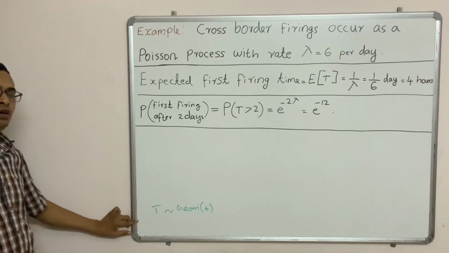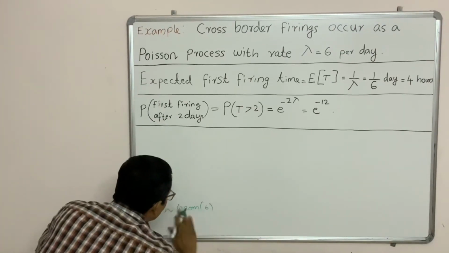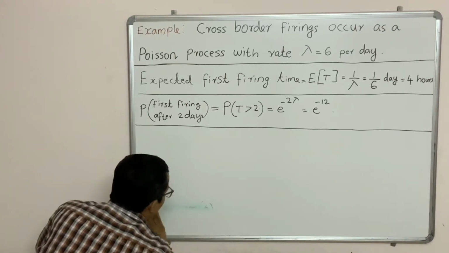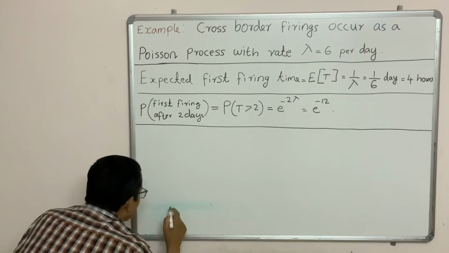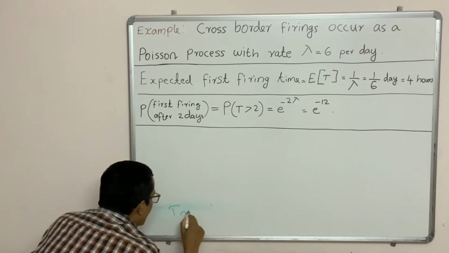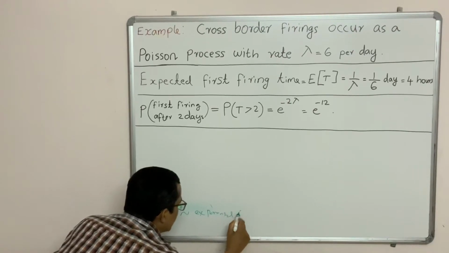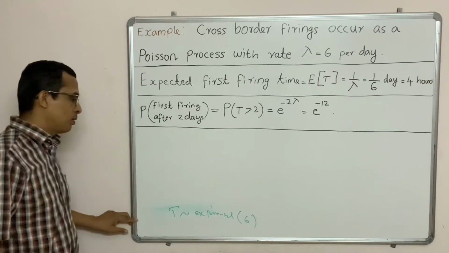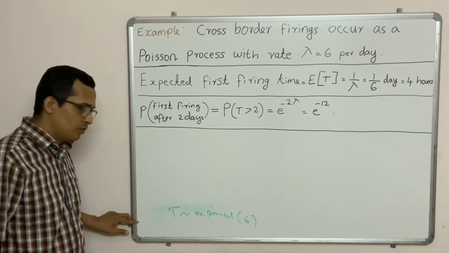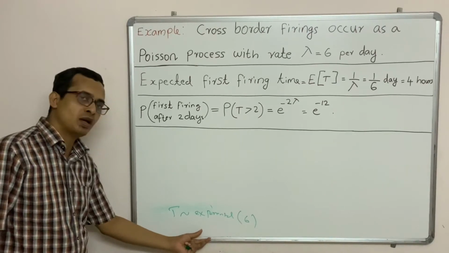So T is a geometric random variable. Let me erase it. Geometric is for binomial, so we have to correct it. This first arrival time T is an exponential random variable here, with parameter 6, which is lambda. So for a Bernoulli process, it is geometric. For a Poisson process, the first arrival time is exponential with parameter lambda, which is 6 here.